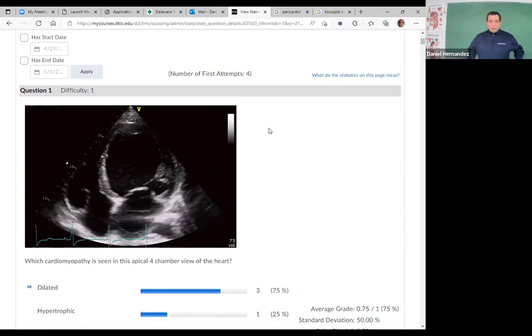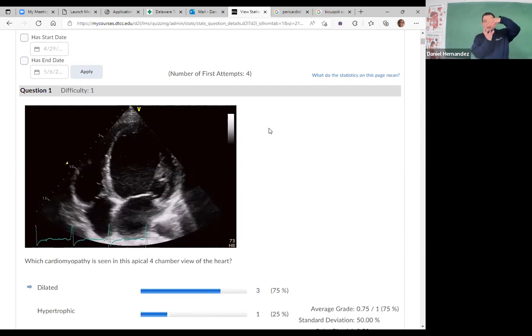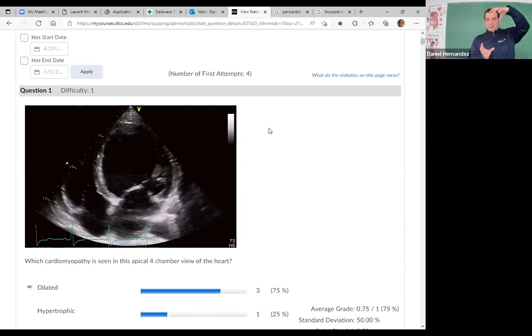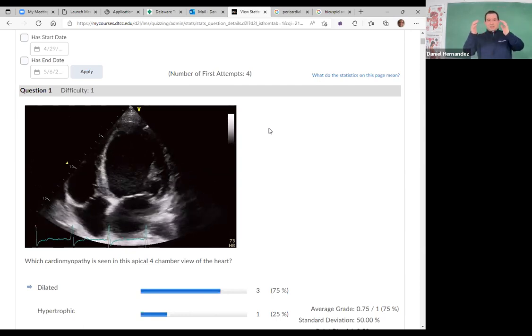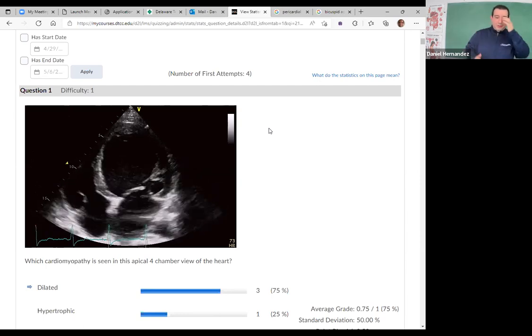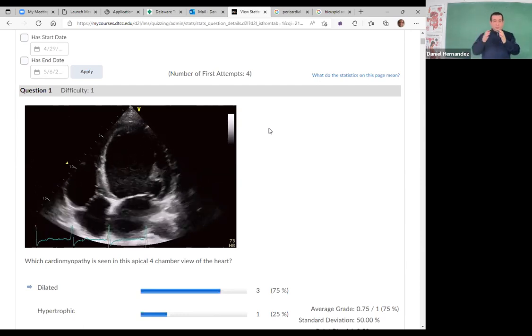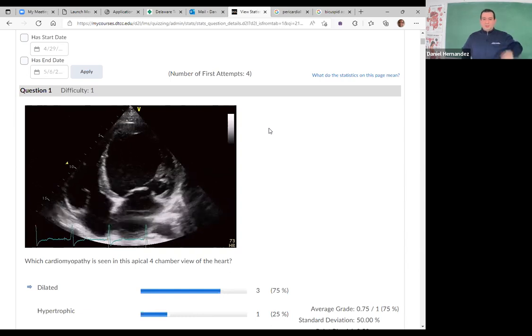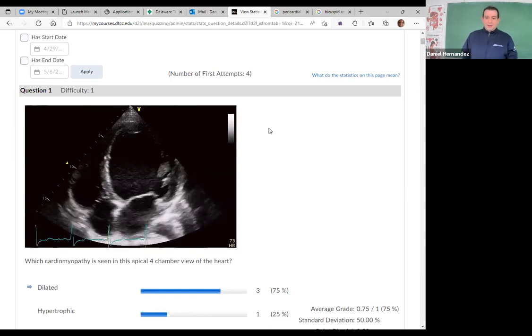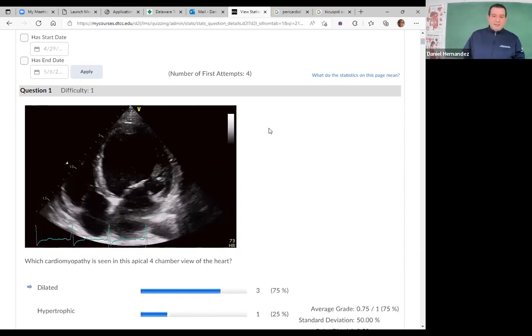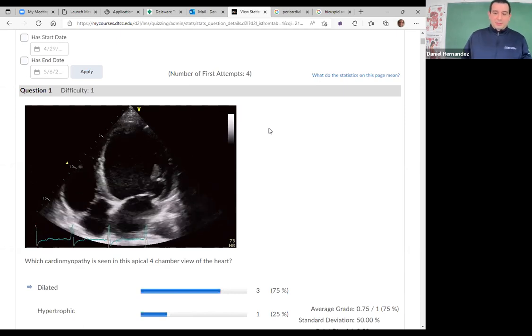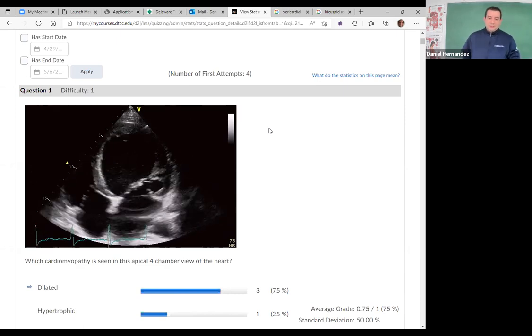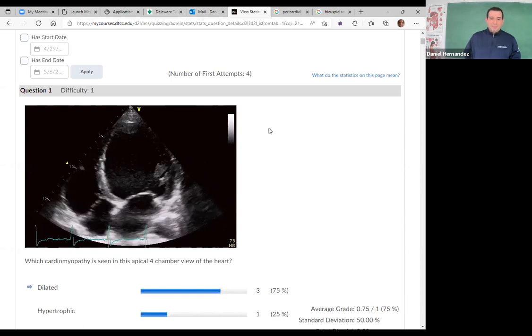Typically we have that nice elongated bullet shape, but as it starts to dilate and become more rounded, more spherical, the worse that dilated cardiomyopathy is, and the worse the prognostic outcome is for that particular patient.